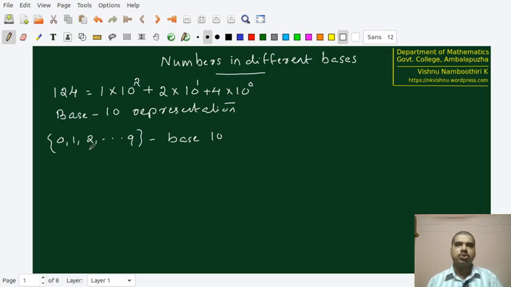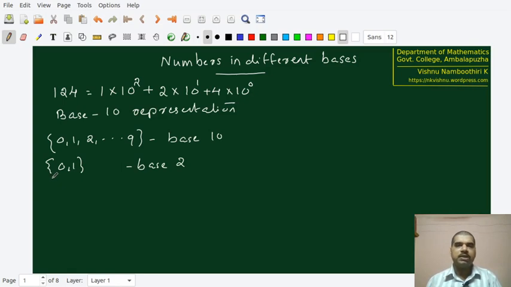Whereas in base 2, we will be having only 2 digits to represent a number, and these two digits are 0 and 1. Therefore, whenever we have a base B representation, this means that we require B digits starting from 0 to represent a number in that system.